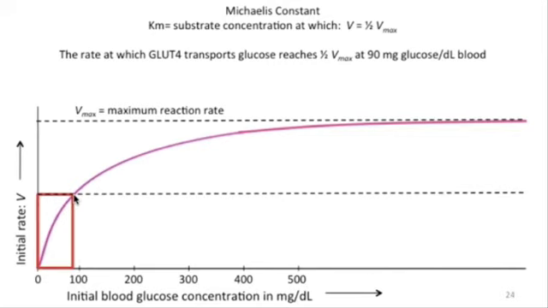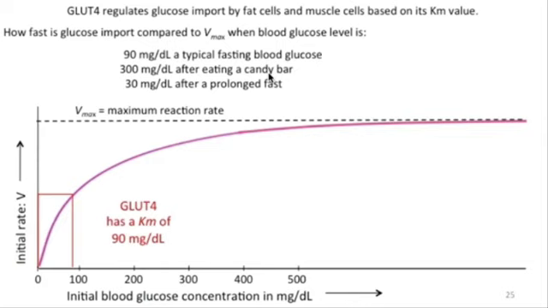The enzyme is half active when the substrate concentration is about 90 milligrams per deciliter, and I've made it this way because this is going to correspond to the glucose 4 transporter. So that's really all there is to it, and this is probably the simplest way of thinking about Michaelis-Menten kinetics. And you absolutely need to know what a Km value is and some idea how to do simple calculations with it.